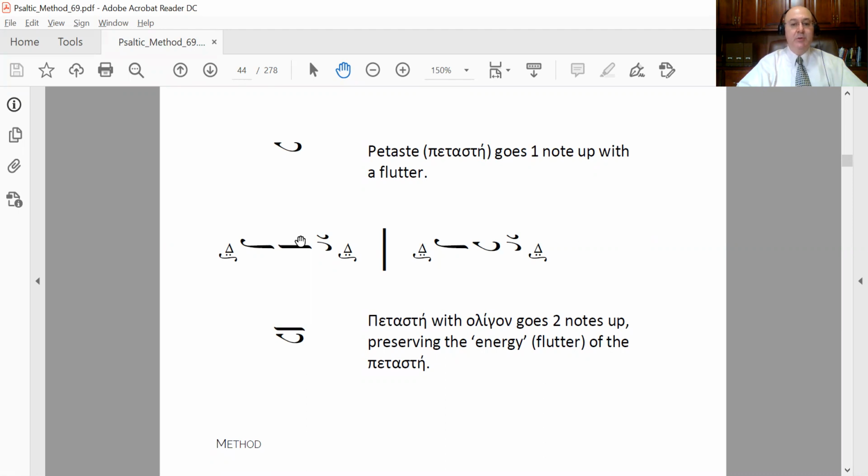In case you're wondering, if we have oligon, why would we also need petasti if they're doing the same thing? They're not doing the same thing. One goes up plainly and the other one goes up with a flutter. So petasti has a combination of quality and quantity in it.